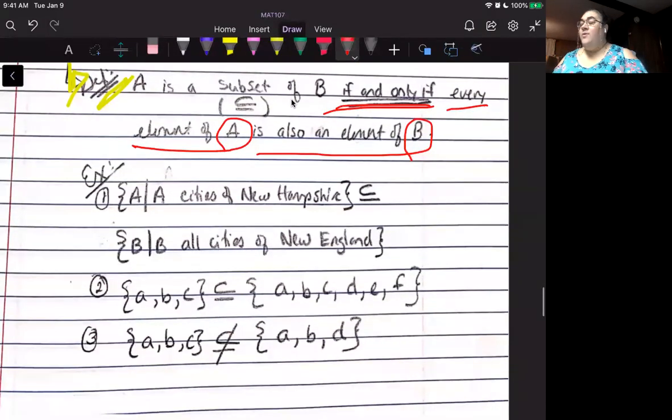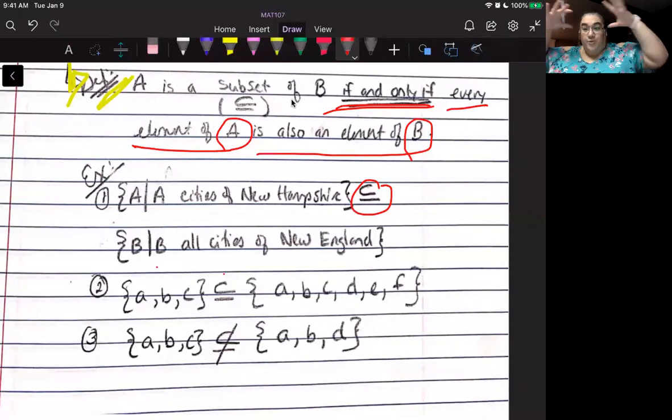Here we have the set A such that A represents all the cities of New Hampshire. This set is a subset of set B such that B represents all the cities of New England. Think of it as the bigger set being the umbrella, and the subset falls under the umbrella.